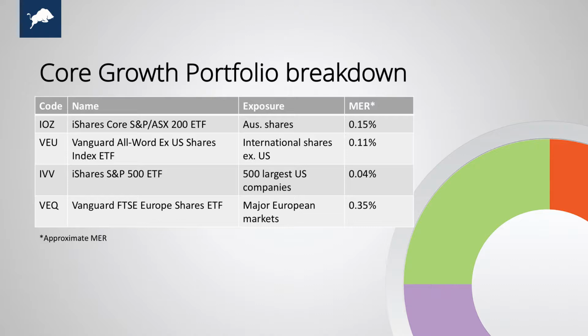We're getting our European exposure through the Vanguard Europe shares index, so we're getting broad-based exposure there. Just to point out, the iShares S&P 500 exchange traded fund is quite a large fund, and because of that, the management expense ratio is absolutely rock bottom. I don't think you'll find a cheaper ETF out there than iShares S&P 500. If you can, send it through to me. I'd like to see it.